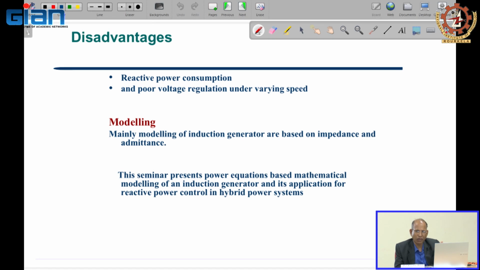When I studied this, I found that in several earlier papers the induction generator modeling was based on impedance and admittance modeling, like V equals IR, V equals IZ, or I equals V times Y. Here, we specifically developed the model based on power equations.